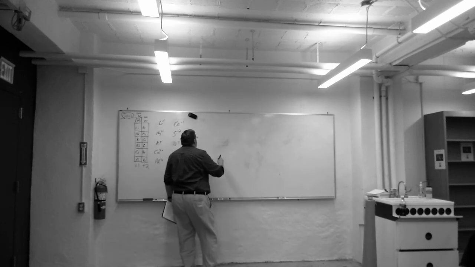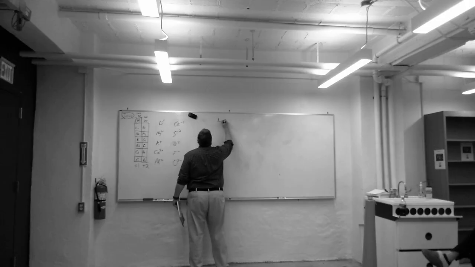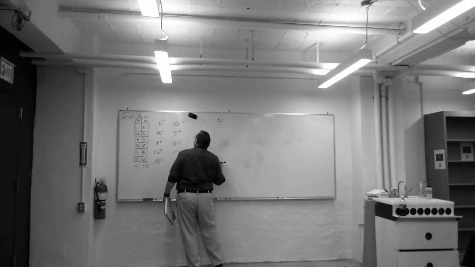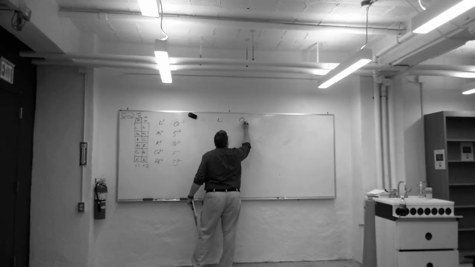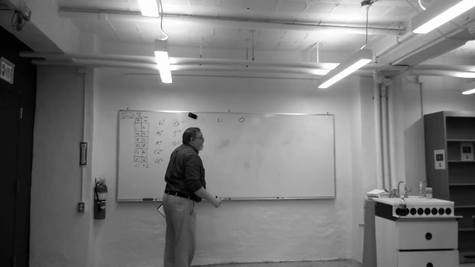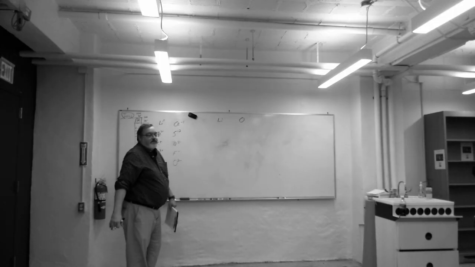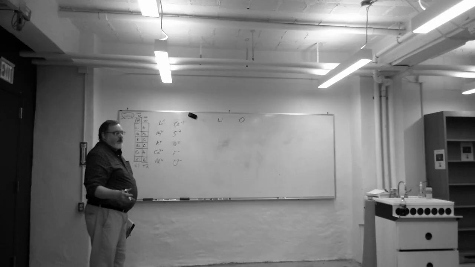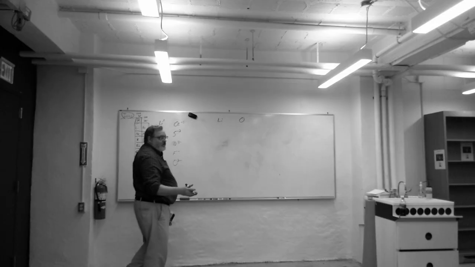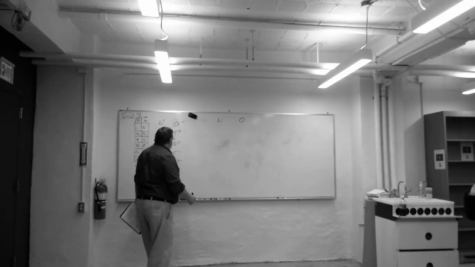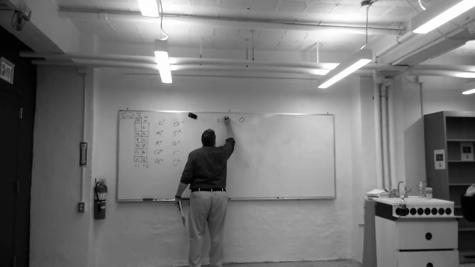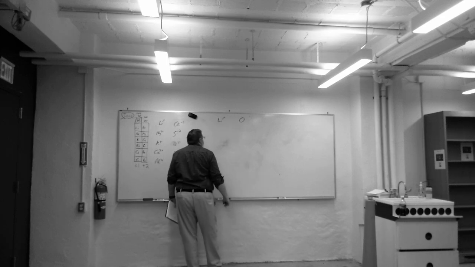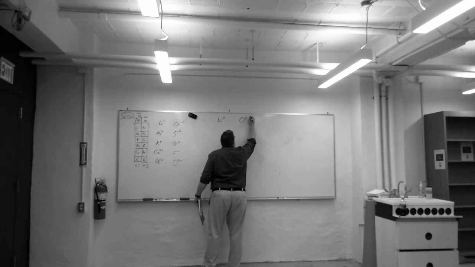Let's say I have lithium and oxygen, and I tell you, I'm going to make an ionic compound out of these. So the first thing you know is lithium is charged. What's the charge on lithium? Lithium is +1. What's the charge on oxygen? 2 negative.